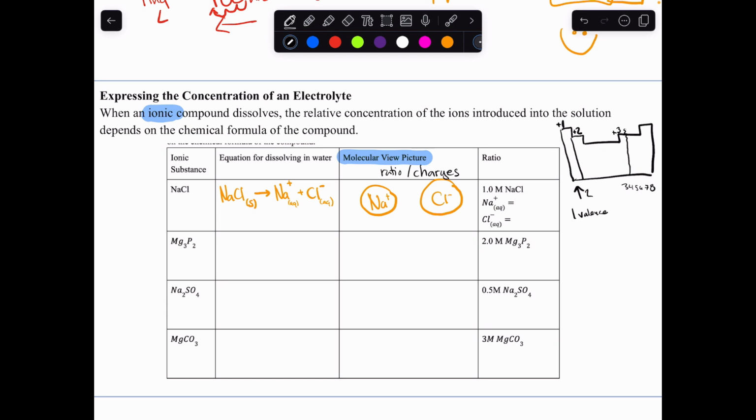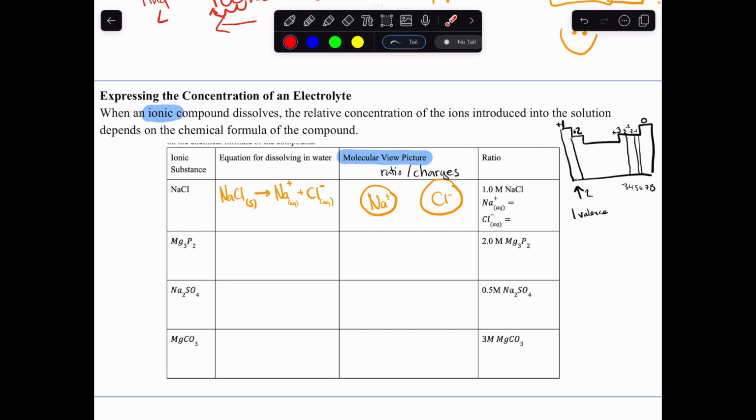After column 4, the pattern goes opposite: -3, -2, and the halogen family, column 17, is -1. The last column doesn't form a charge because they don't bond ionically, since they have their full valence shell. All right, let's take a look at this last column here as we focus on the ratio with numbers.